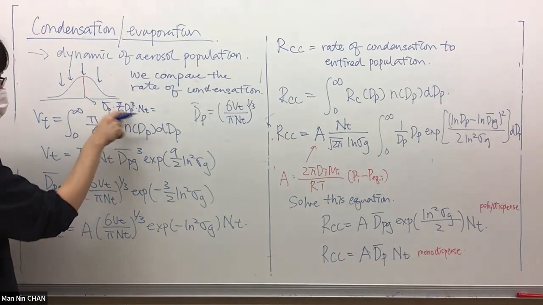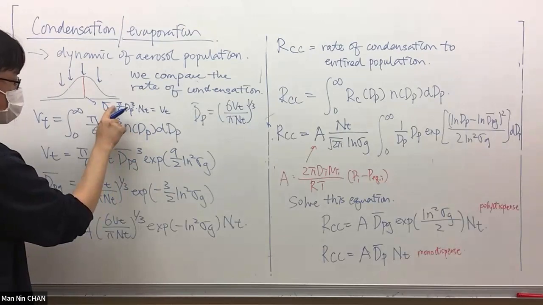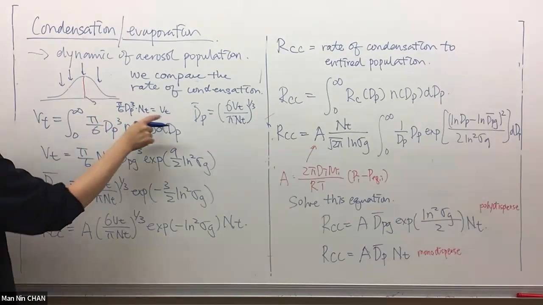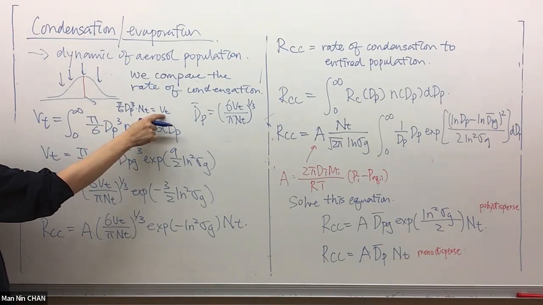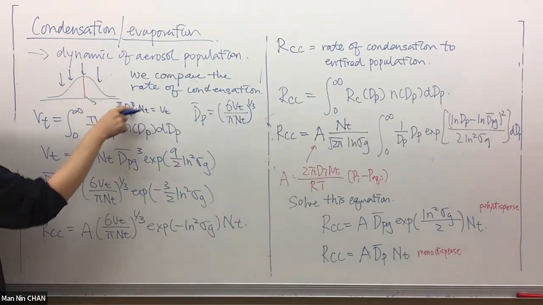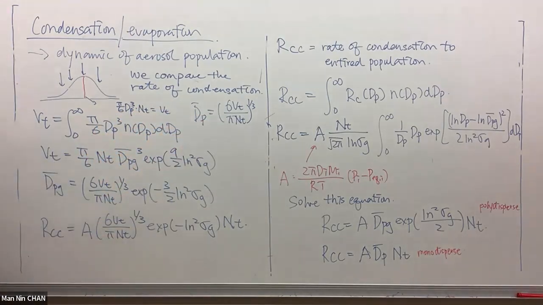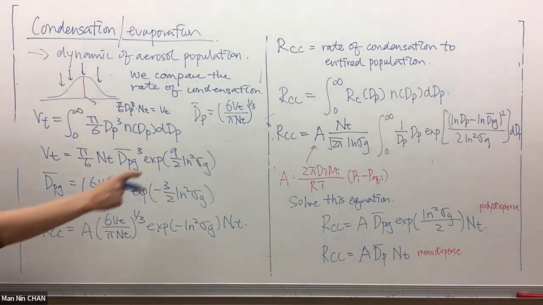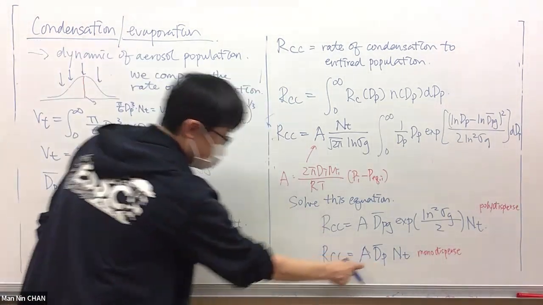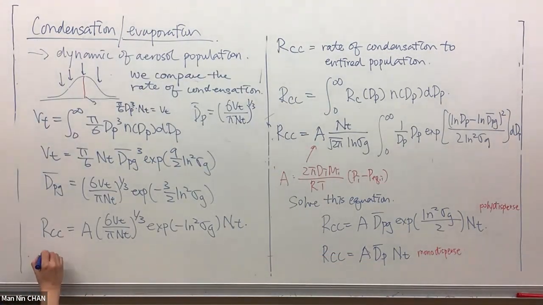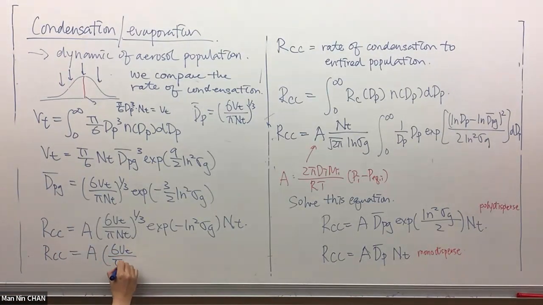Because you only have a single size, this will give you the VT, the total aerosol volume, since every particle has the same volume. That's just the mean diameter. So you have the same thing here. Okay. So therefore, if I put this into this term here, you also get this term.